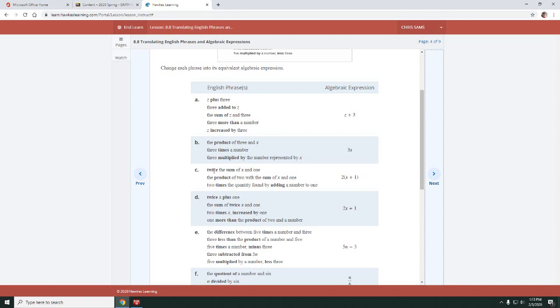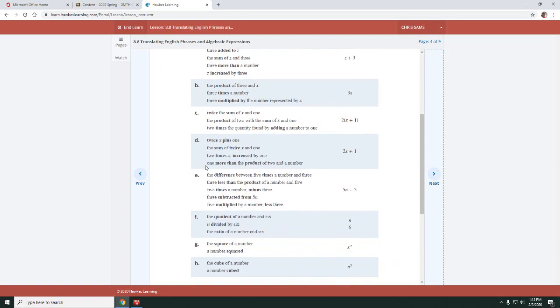Whenever they say twice, that's one of those multiplication words, and then the sum. The sum is what you get as a result of adding something. So that means they want you to add first. That's how they know to put that in parentheses. Otherwise, you might be writing 2 times x plus 1, and that would not be the same. Twice the sum. Sum is the result of adding.